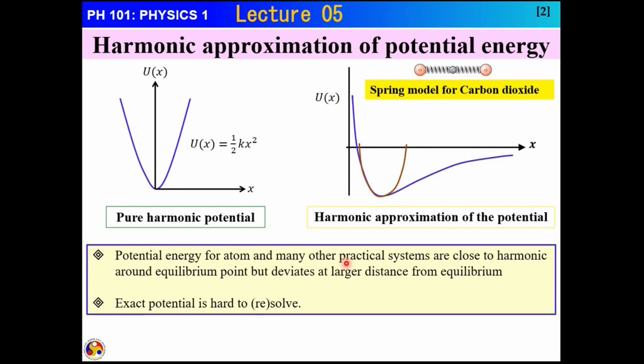Harmonic potential is a very well-known potential in physics, and it is quite useful. It is easy to solve many problems, but if you consider the real potential, it's really very difficult to solve, and then you have to rely on the numerical method, not analytically.